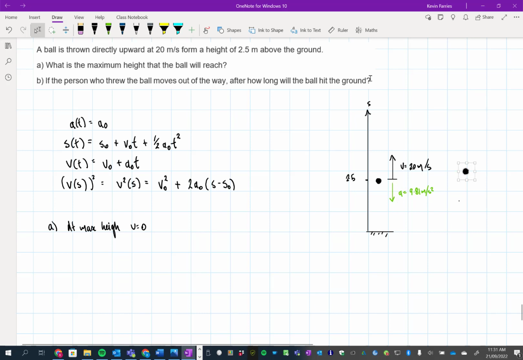So I'm doing upwards as positive. The acceleration is acting downwards. The Earth's gravity is accelerating things downwards. We know that initial displacement, 2.5 meters above the ground, taking everything relative to the ground. And we're trying to find out this distance S, where this velocity is 0, which will be the maximum height.